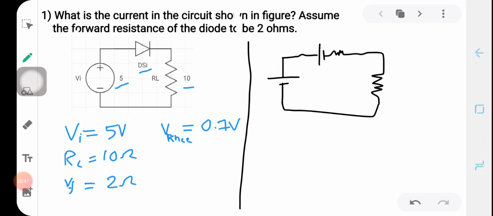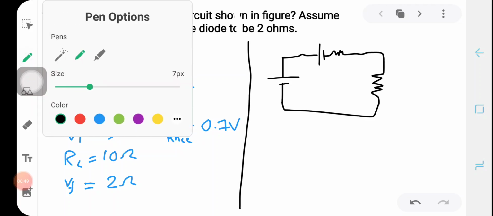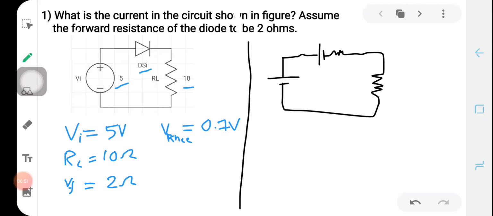So this is the equivalent circuit, and the quantities are 5 volt here, this is 0.7 volt, this is 2 ohm, and this is 10 ohm. Now this is a simple circuit, so we can use Kirchhoff's voltage law.